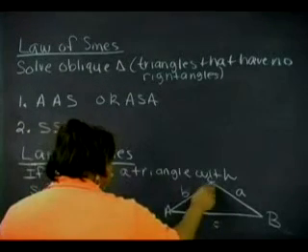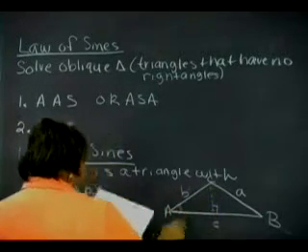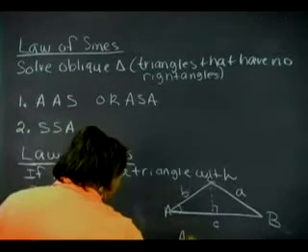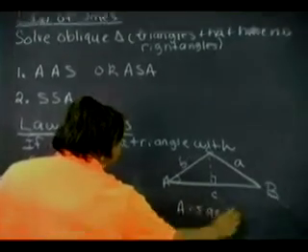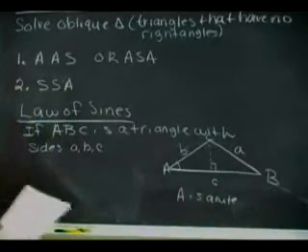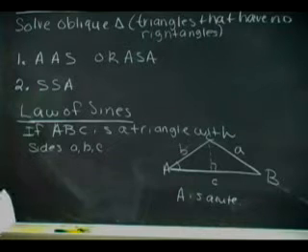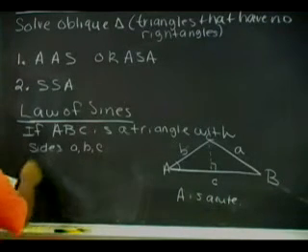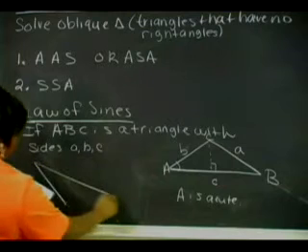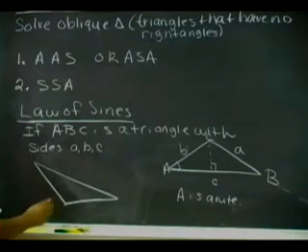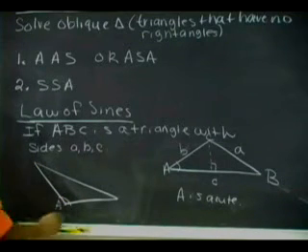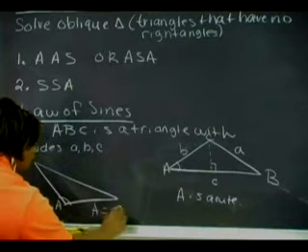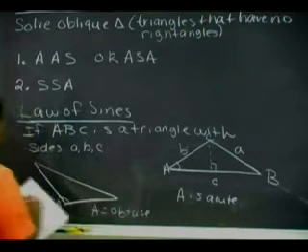Here A is an acute angle. Do you remember what acute is? Yes, less than 90 degrees. Or we may have a triangle looking like this, where A is obtuse.